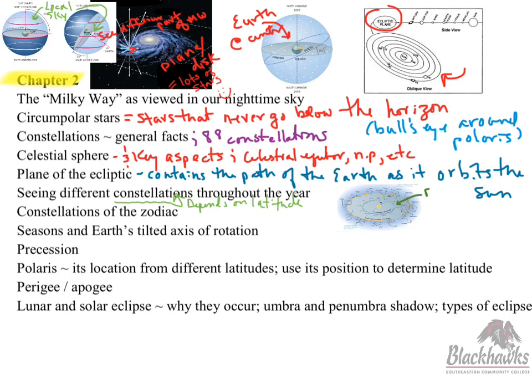So the next thing is seeing different constellations throughout the year. Now this was a figure from your textbook, and I apologize, it's really small here, but hopefully it will jog your memory that the little yellow thing in the middle is the sun, and that blue circle going around it is the path that the Earth takes as it orbits the sun.